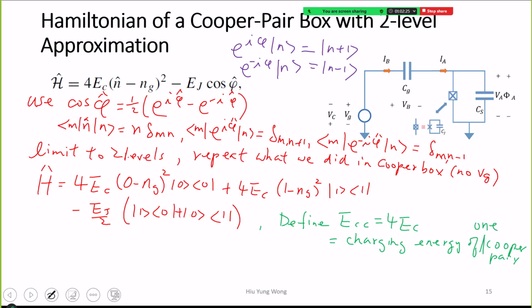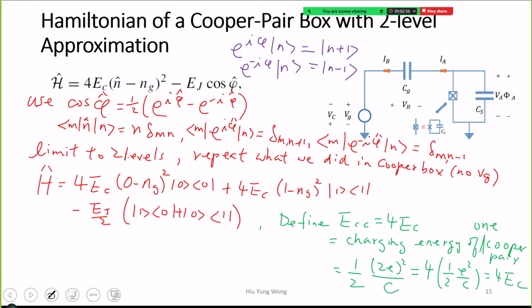Which makes sense because a Cooper pair has a charge of 2e, instead of e, so it is 2e squared divided by C. But of course the C here, as you know, is the C summation plus Cs, but we just keep it as C here. This equals 4 times 1 over 2 e squared divided by C. That's why it is 4EC, right?